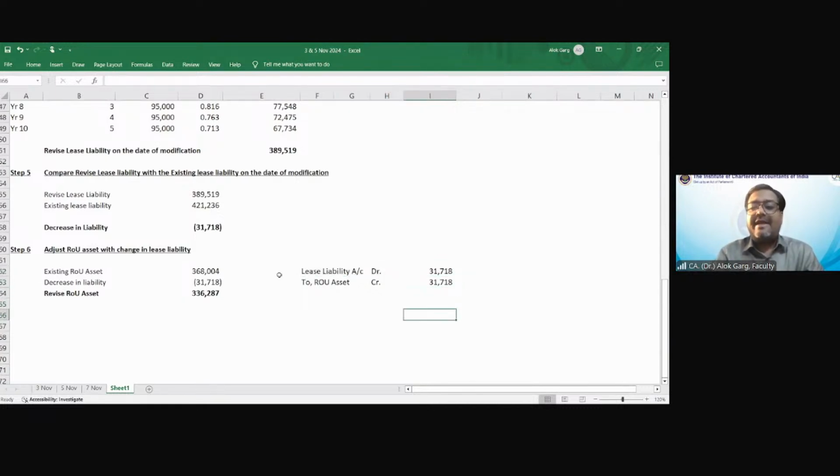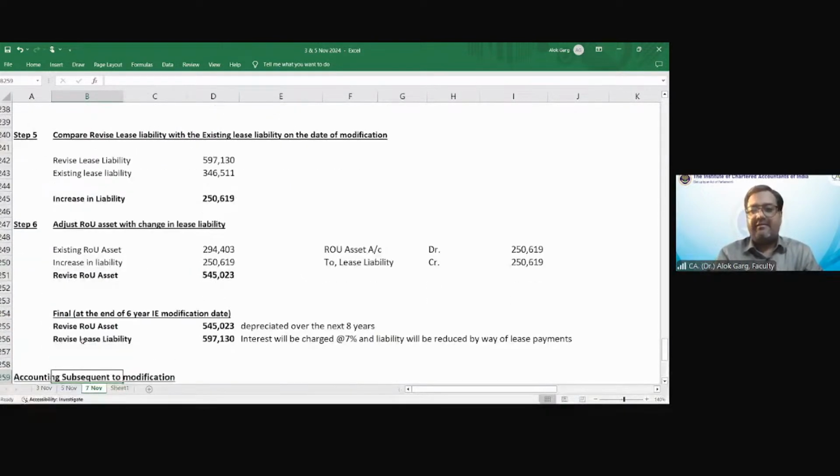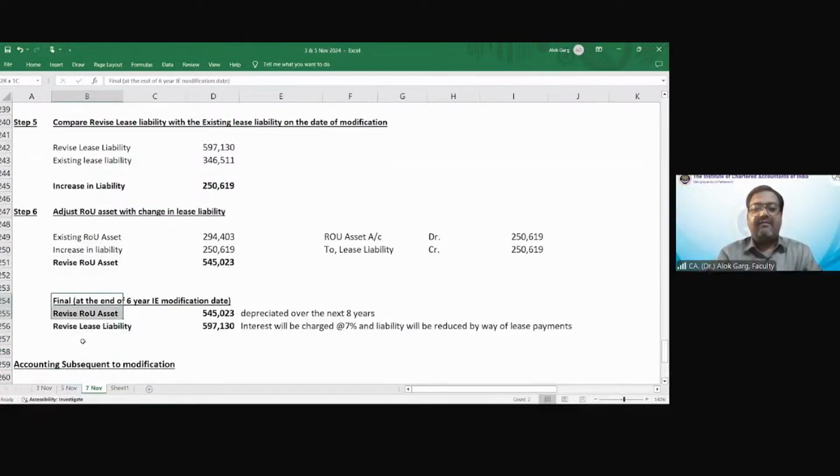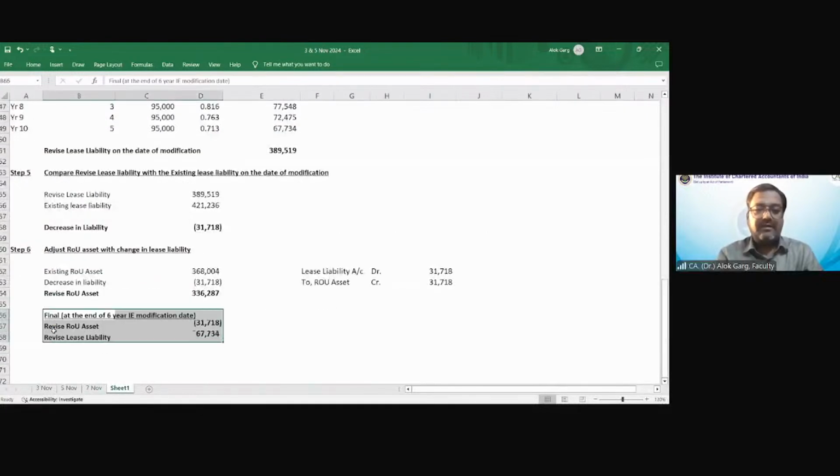So the adjustment has to happen with the ROU asset. Now, what are my revised numbers at the end of the 5th year? What is my final number? Revised ROU asset कितना है? 336,287.